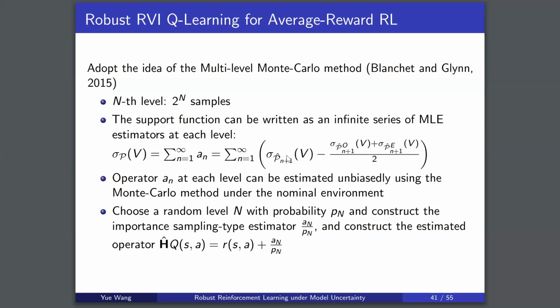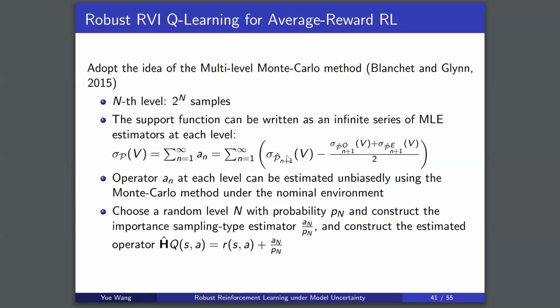So to construct such an unbiased estimator, we adapted the idea of the multi-level Monte Carlo approach. So basically, we rewrite this function into an infinite summation of each level, and the term at each level can be calculated or estimated unbiasedly. And then by choosing a random level, we can construct an unbiased estimator of it.